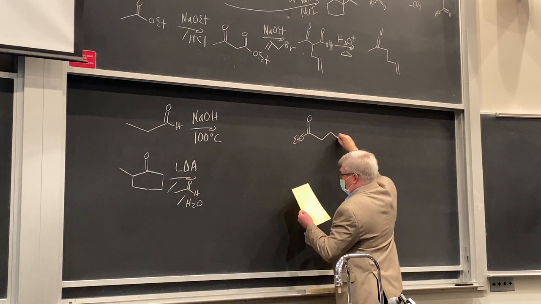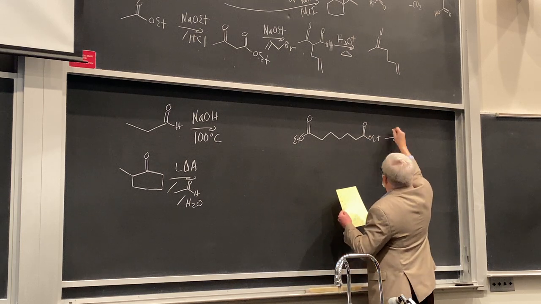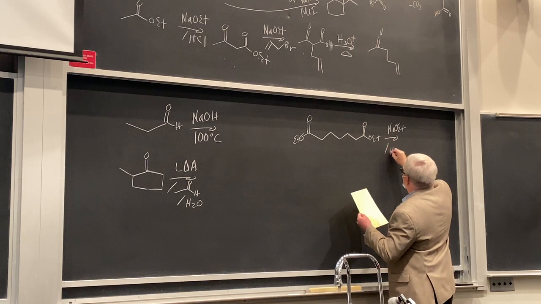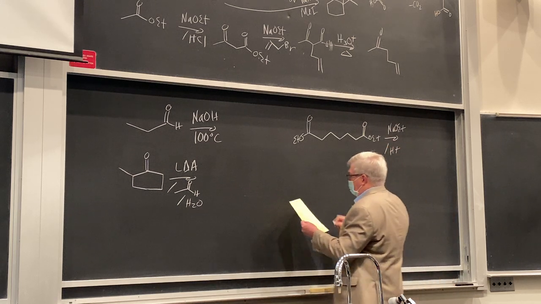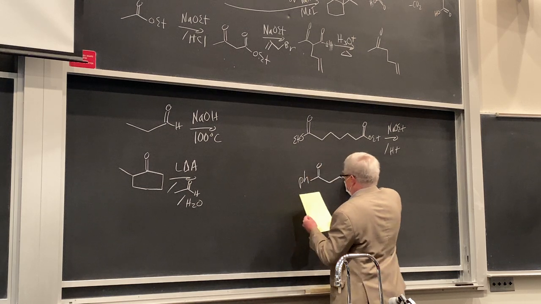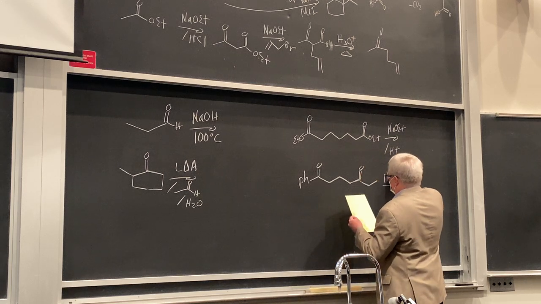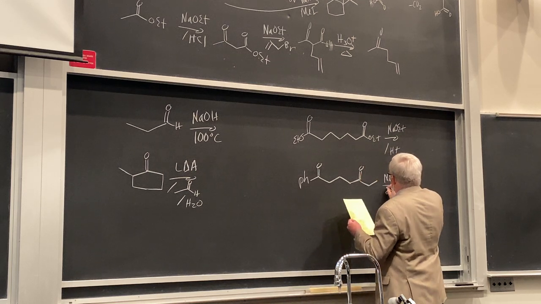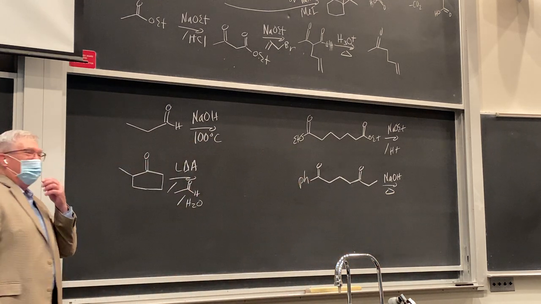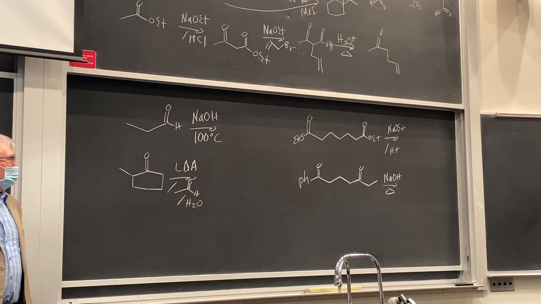Got a diethyl ester and sodium ethoxide, and then quench with acid. And how about this one? An aryl ketone and an ethyl ketone with sodium hydroxide and heat. Okay, there's some more variations of carbonyl enolate chemistry, right?